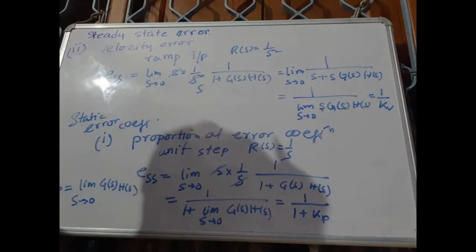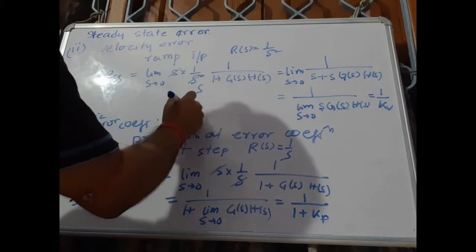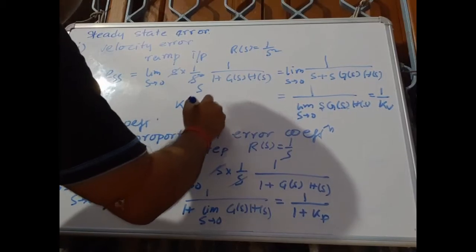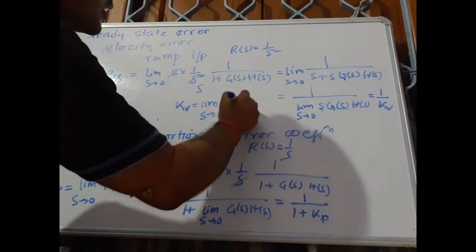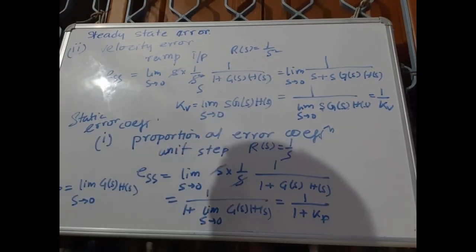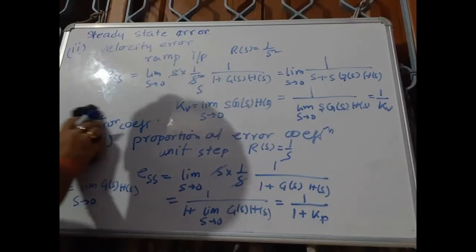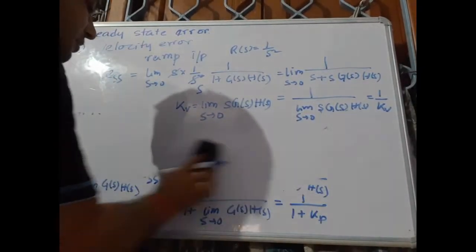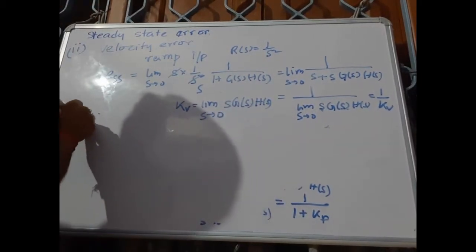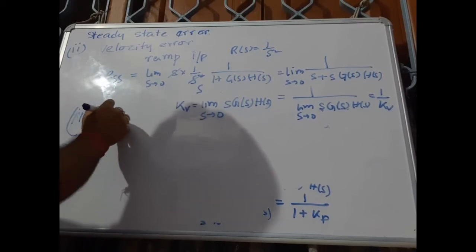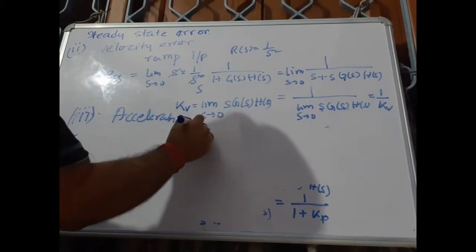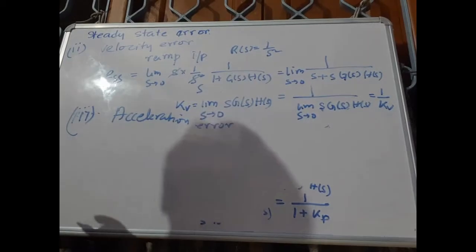Kv is the velocity error coefficient, where value of Kv is limit of s tends to 0 s into G(s)H(s), right? Now the third coefficient is the acceleration error coefficient.